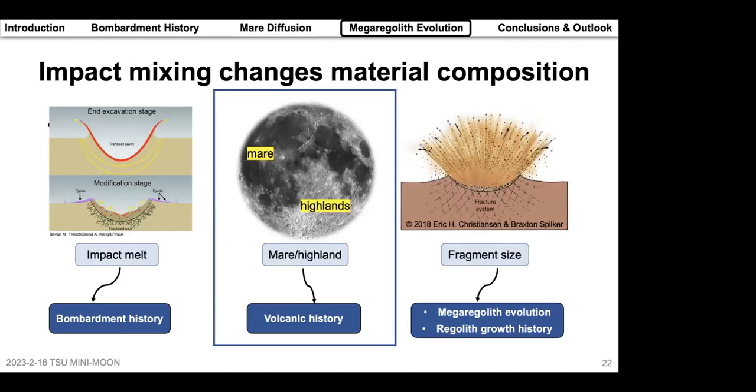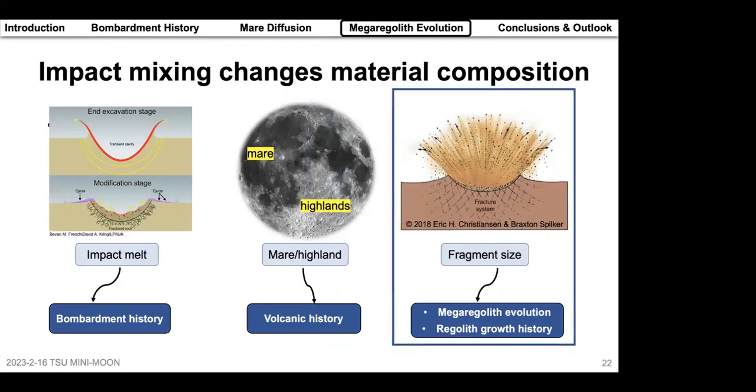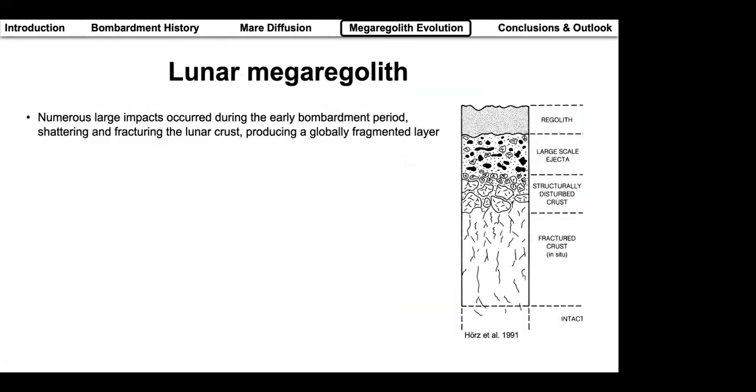Now, very briefly, going to the third part about the size of fragments: how to use the mechanical process of cumulative impact mixing to understand the evolution of fragment size and the megaregolith evolution. Because of the large number of impact cratering events during the early period, the lunar crust was significantly shattered and fractured, resulting in the present day globally fragmented layer.